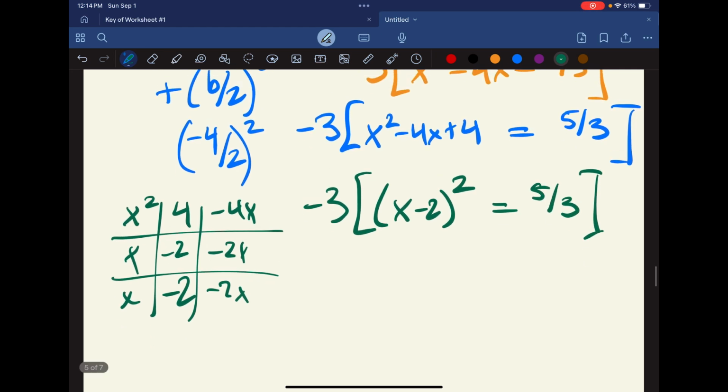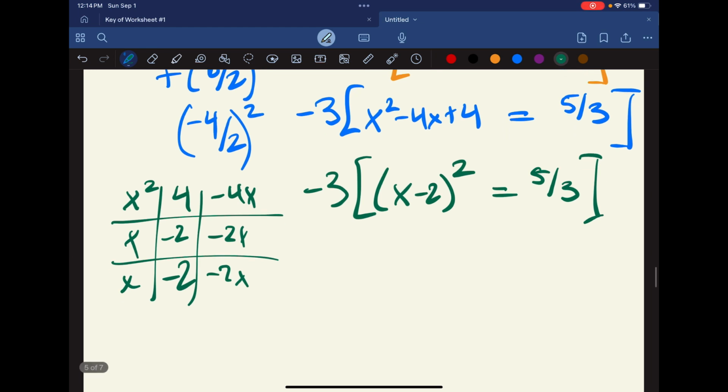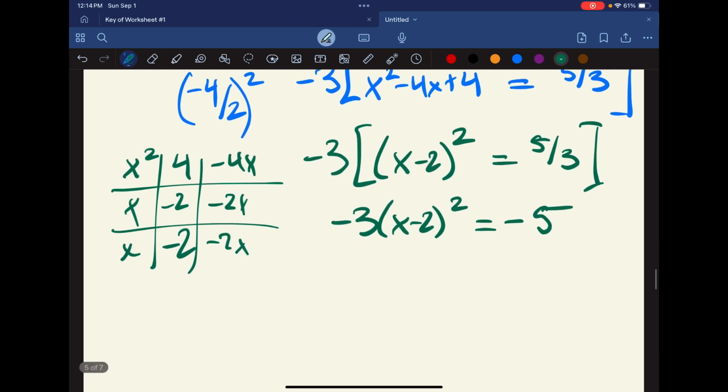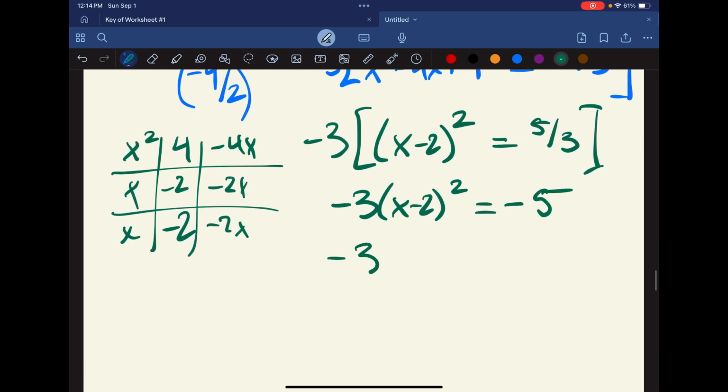So we're almost done. So now we can just reintegrate that negative 3. So we get negative 3 times x minus 2 squared equals negative 5. And then we can say negative 3 times x minus 2 squared plus 5 equals 0.